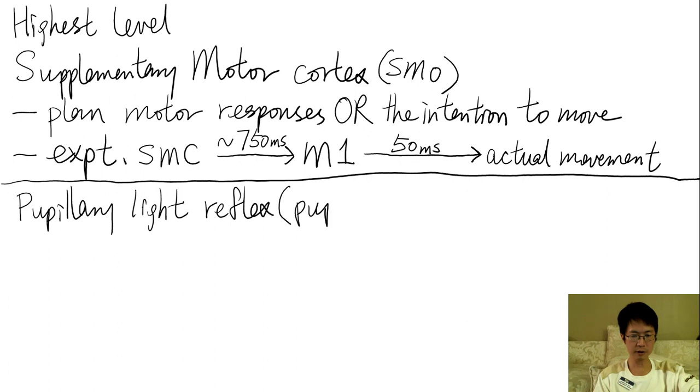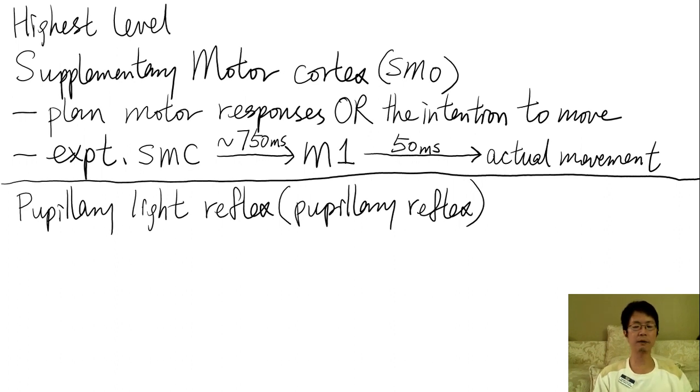They just omit the word light. It's the same thing. What does it mean? It's very simple. When you see a bright light, your pupil will constrict. Okay, this is what we call pupillary reflex or pupillary light reflex. It is your pupil responds to the light.